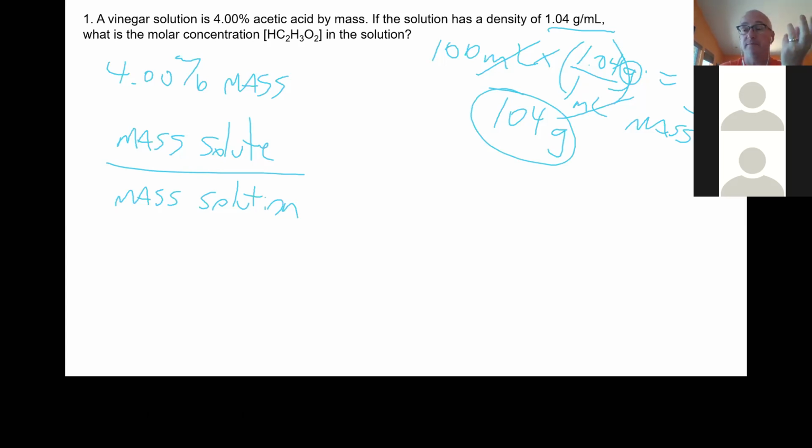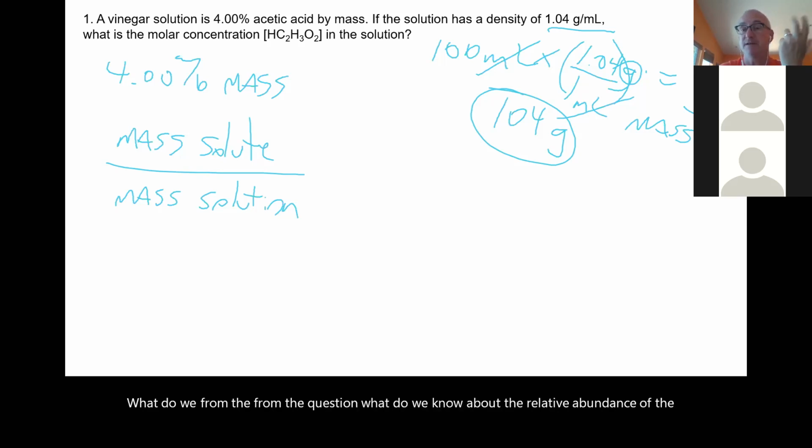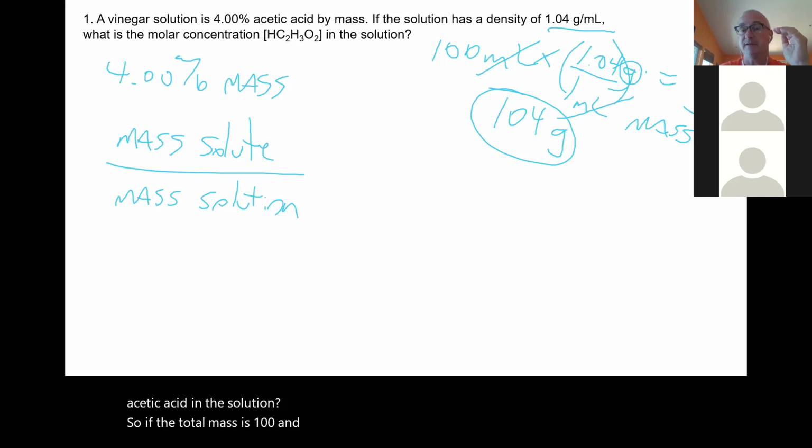Well, from the question, what do we know about the relative abundance of the acetic acid in the solution? So if the total mass is 104, what's the relative mass of the acetic acid by itself?